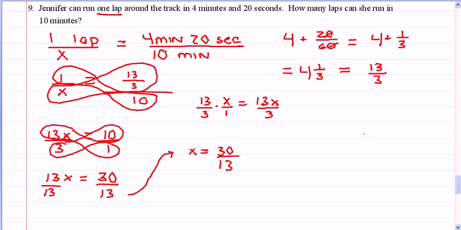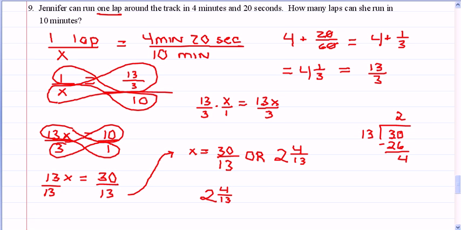And I'm going to show you the work on this one. 13 divides into 30 2 times, with 4 left over. So I could also write this as 2 4/13, which makes sense since it's a word problem. We're finding how many laps, so it's 2 4/13 of a lap.